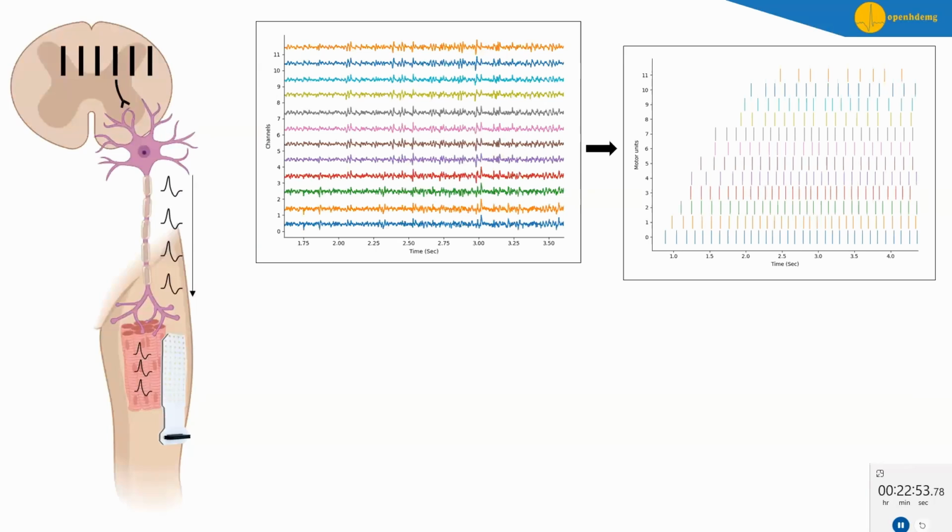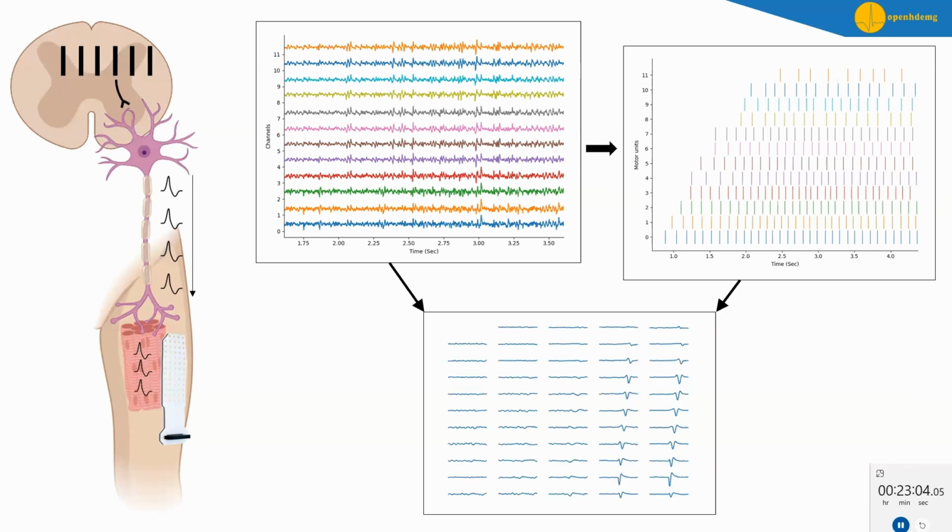This is why we have decomposition techniques that allow you to go from the raw EMG signal to the discharge activity of the motor unit or the motor neuron. If we combine these two information, we can also reconstruct the action potential of the single motor unit over space, thanks to the multiple channels of the grid.